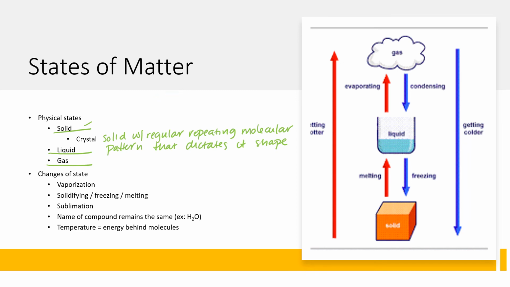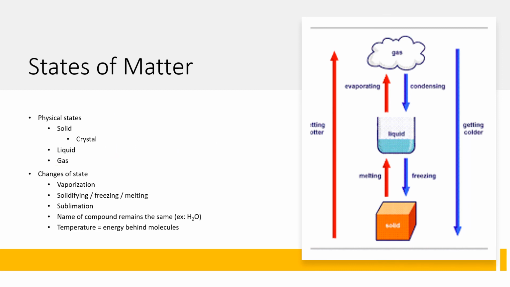A liquid takes the shape of its container, and its atoms are less densely packed than solids. Gases will also take the shape of their container. Solids have their own shape, right? Gases will fill whatever container they're in, and the atoms are more spread out than in solids.